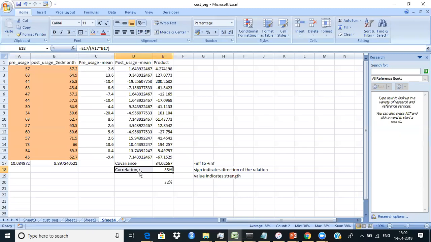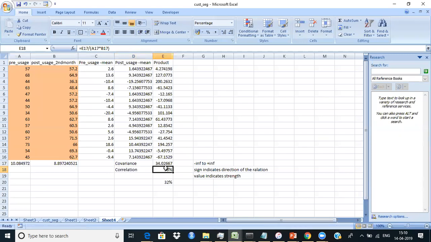You cannot check direction for each and every person. You have to have an overall direction. Because for me, maybe the pre-usage is less than post-usage. For you, it may be that post-usage is less than pre-usage, but business does not work on a single customer, right? You need the overall direction. So this gives you the overall direction.